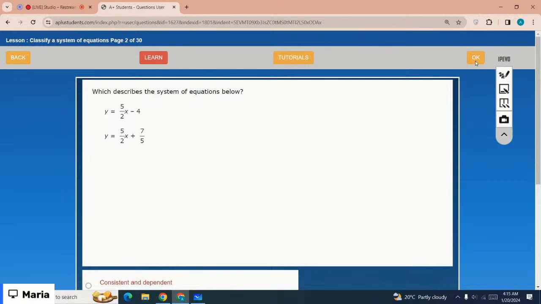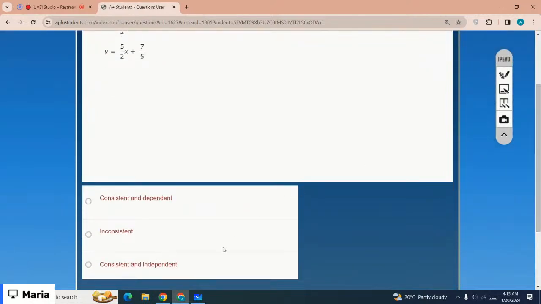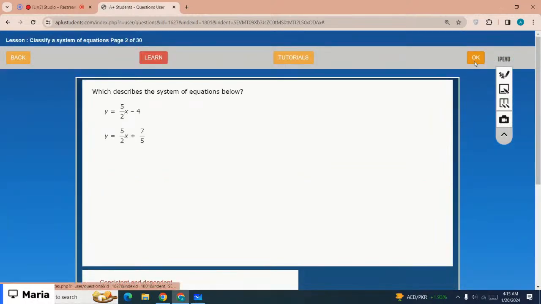So for both equations, the slope is exactly the same, right? When you have the same slope, the system is inconsistent. They never intersect each other, so the system is inconsistent. Got it?